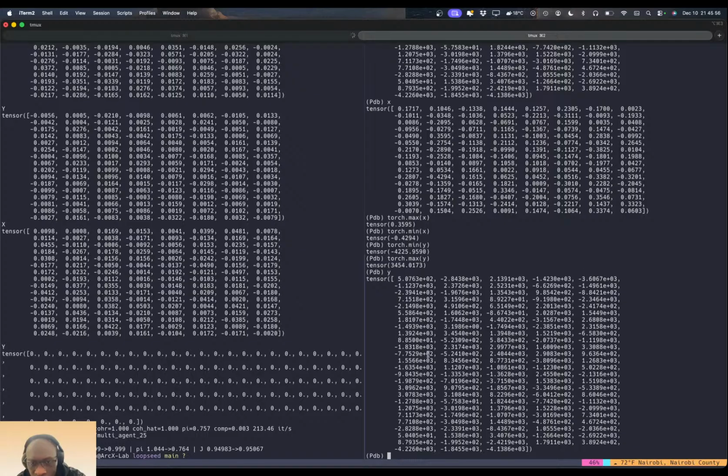Okay, it's still high. This is the highest value for y. That's why it's blowing up. The highest value for y is 3,400, then the lowest value is minus 4,200.